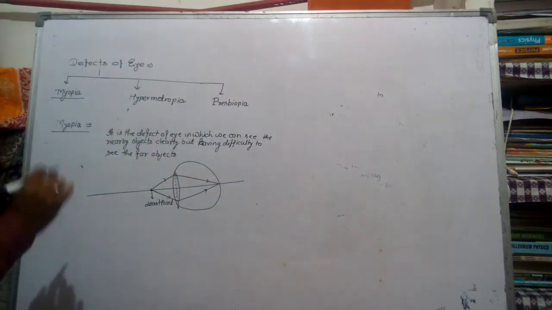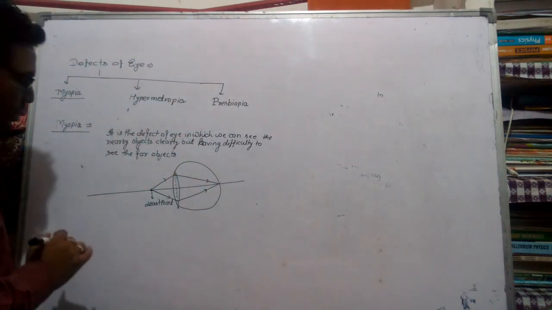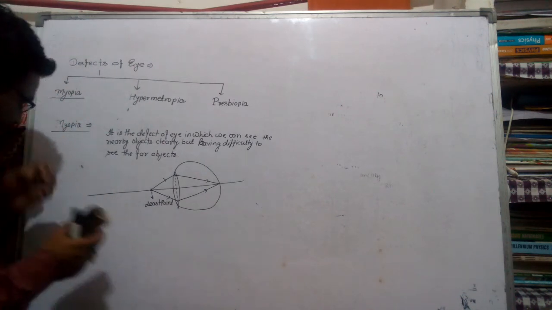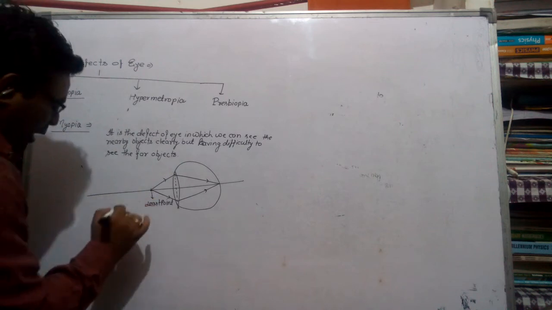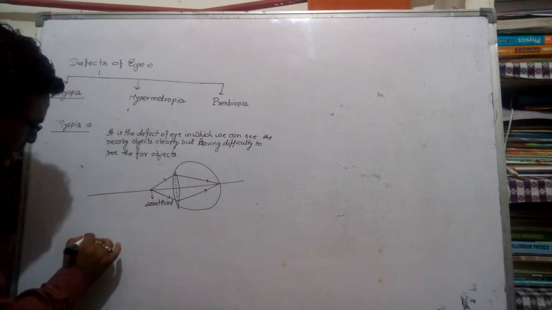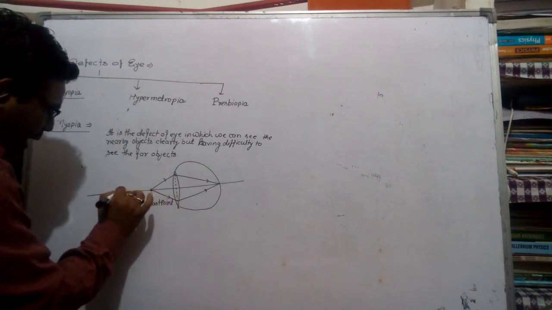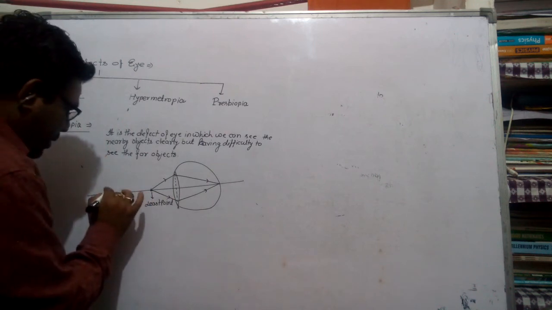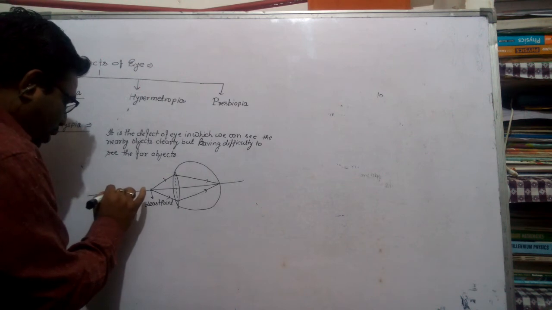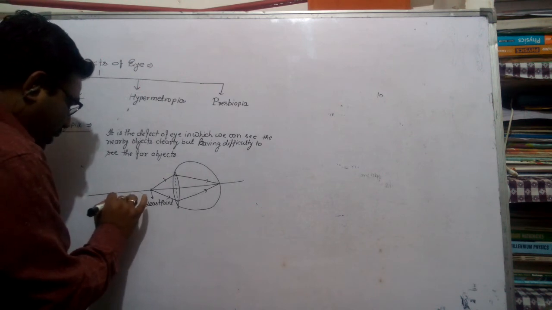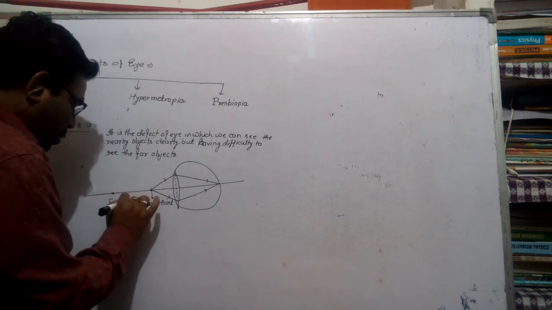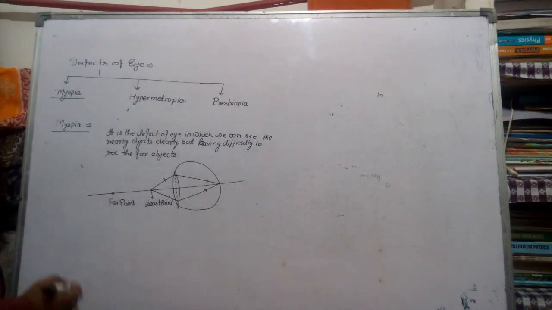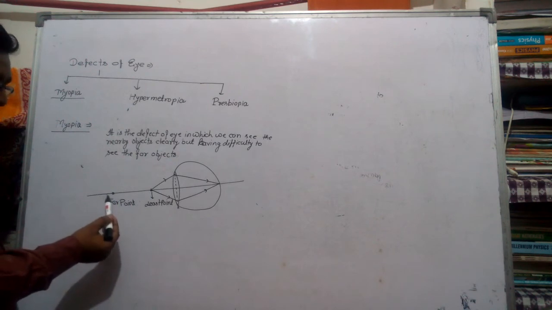Okay, but now the object is placed, this is the least point, and again the object is placed at this point. One more point, the object is placed at this point, and this point is known as far point. This is known as far point, beta. Far point means the maximum point up to which the object is placed.